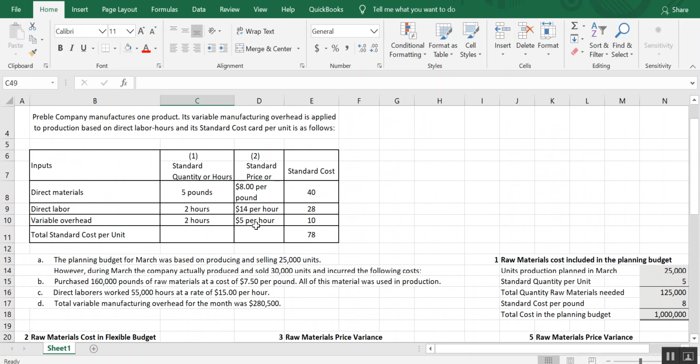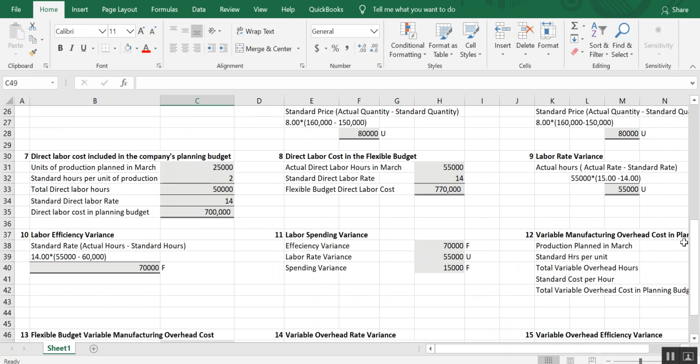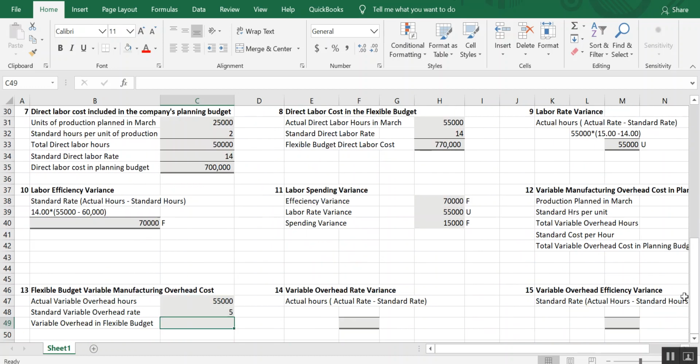$5 an hour for the rate or the price. So we're going to calculate 55,000 times $5 to get 275,000. So that's the difference between what we have in the actual overhead hours compared to the standard rate.